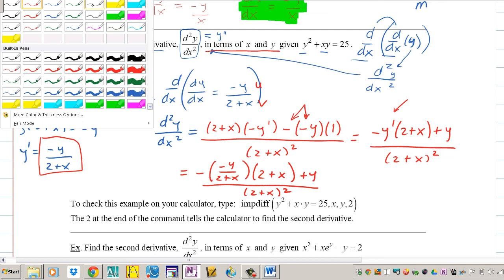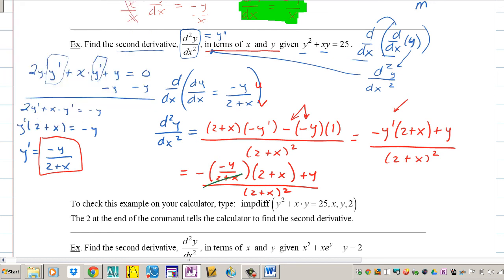And I can go even further and cancel out 2 plus x, which gives me, well, look at this. I have a negative and a negative, which makes a positive y, plus another y, which makes it 2y on top, all over 2 plus x squared. And this is my second derivative.